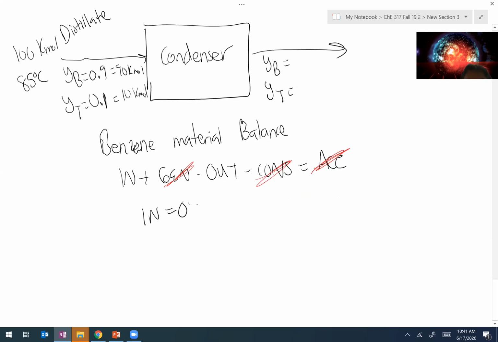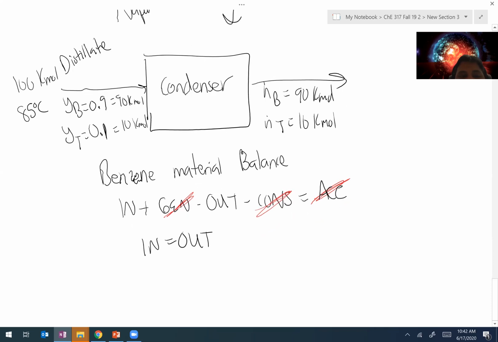in equals out. And so I have 90 kilomoles of benzene coming into my condenser. How many kilomoles do I have coming out? 90 kilomoles. I have 90 kilomoles leaving. And I have 10 kilomoles of toluene leaving.